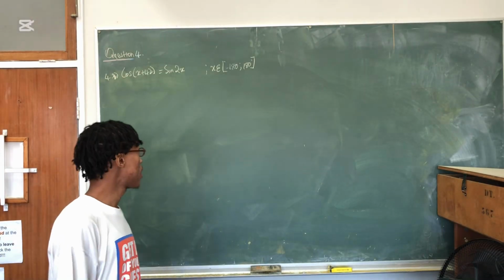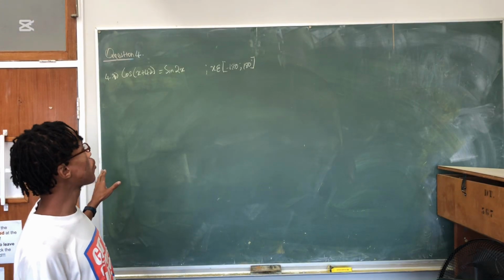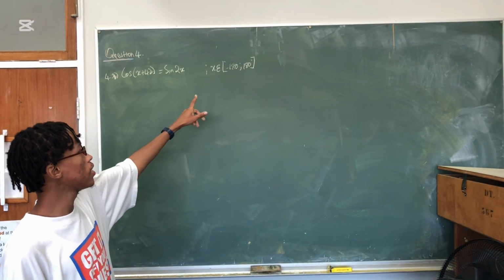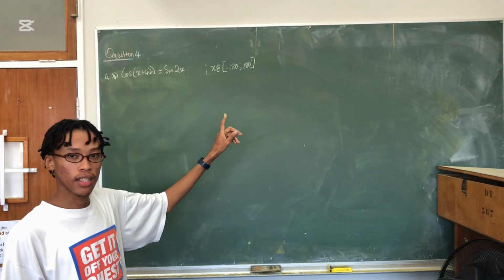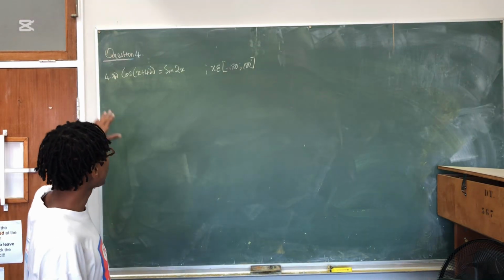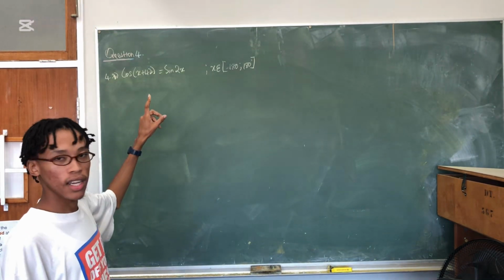This question is a general solution question, but an interesting thing about this one is that we're given a restriction of negative 180 and positive 180. We're going to apply that at the very end. So we have cos of x plus 42 is equal to sine 2x.